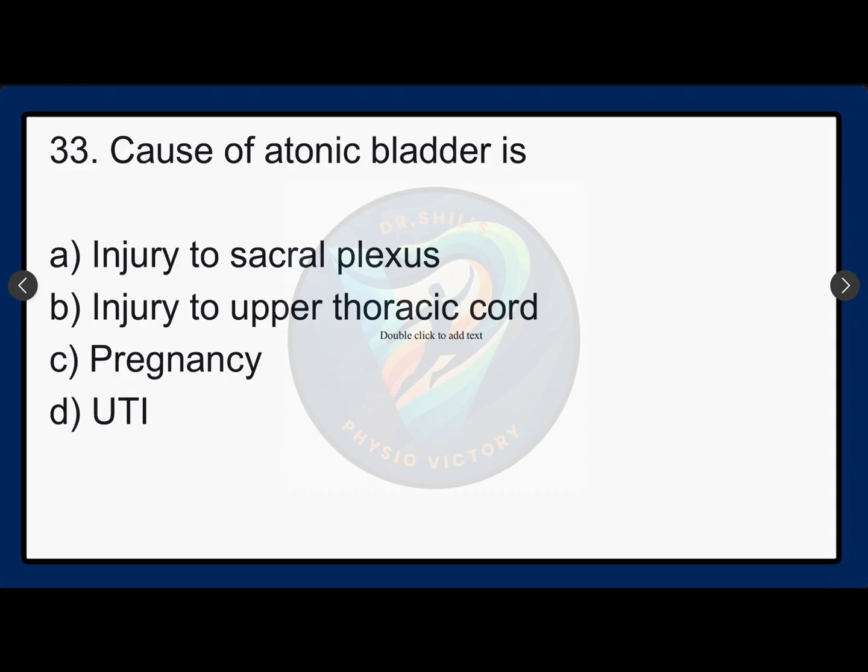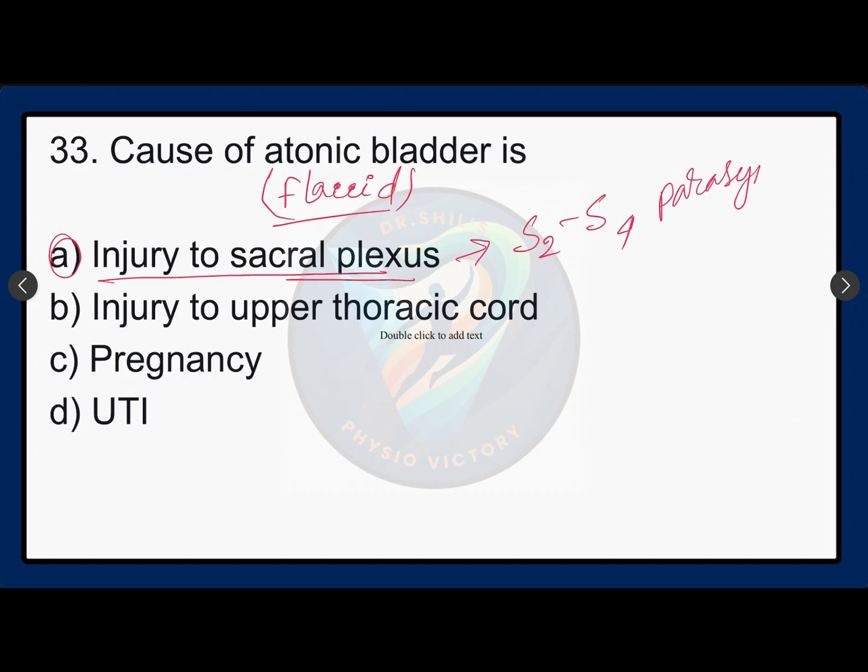Atonic bladder or flaccid bladder occurs due to injury of the sacral plexus, mainly S2 to S4 parasympathetic supply, which basically controls the bladder contraction.